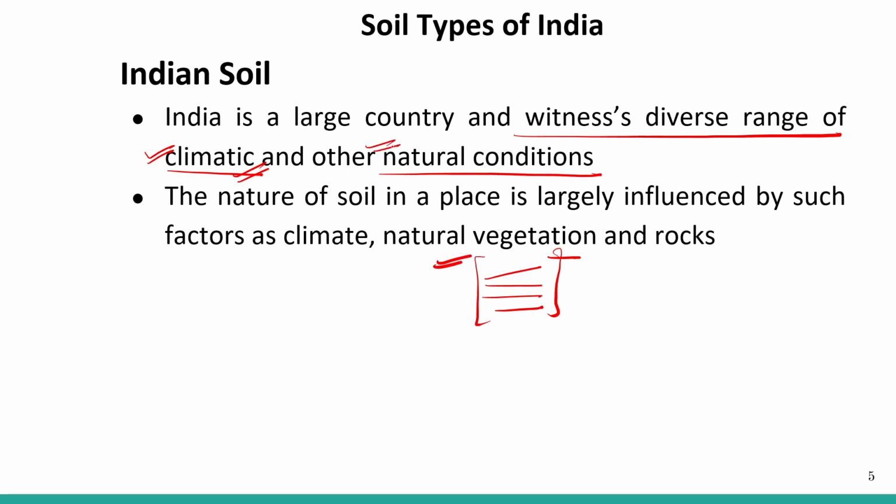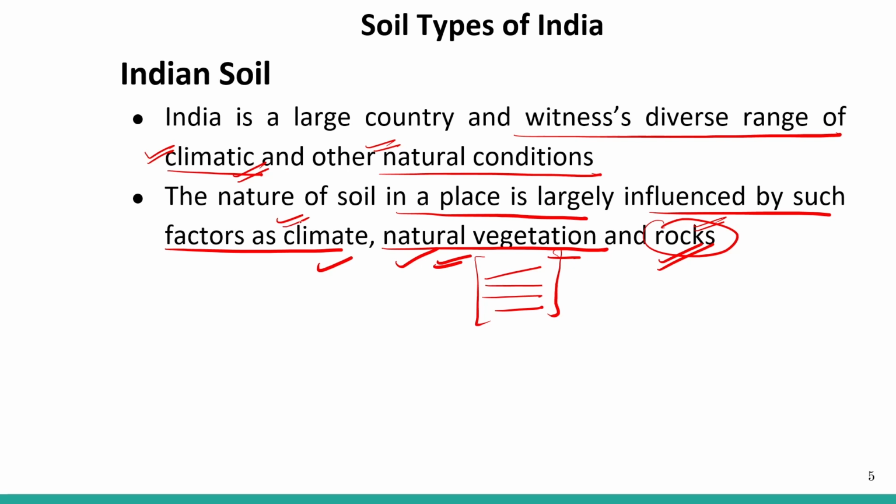The nature of the soil in a place is largely influenced by factors such as climate, natural vegetation and rocks. So the parent material, that is the rocks from which the soil is formed, natural vegetation and climate are the factors that influence the formation and nature of soil.